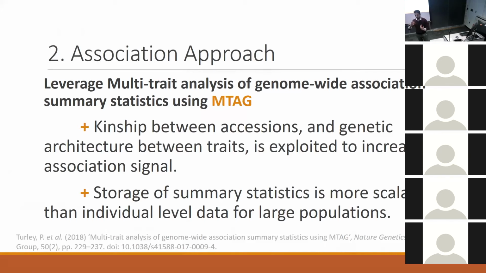What it does is use the genetic structure of the individual traits that we're looking at to find association, and the fact that the population structure in itself is shared, so you're hoping to share alleles there, and also the genetic architecture for the individual traits might be shared as well. This specific approach is called MTAG. It looks to identify a bump in the association by mixing that up.